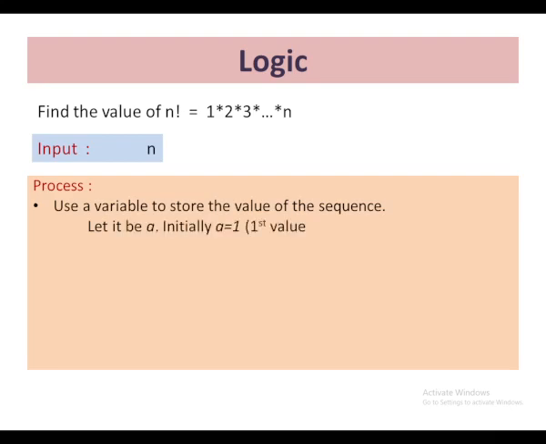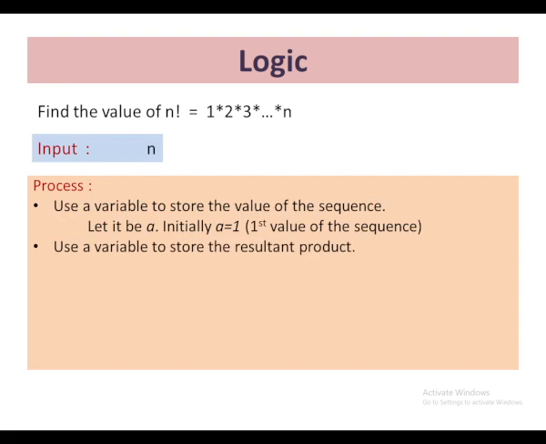Initially a is equal to 1, because that is the first value of your sequence. Here I am using another variable. The name sum may not be relevant, so we should use a name that tells the purpose of the variable. So I have used prod instead of sum, which will be initialized to 1.